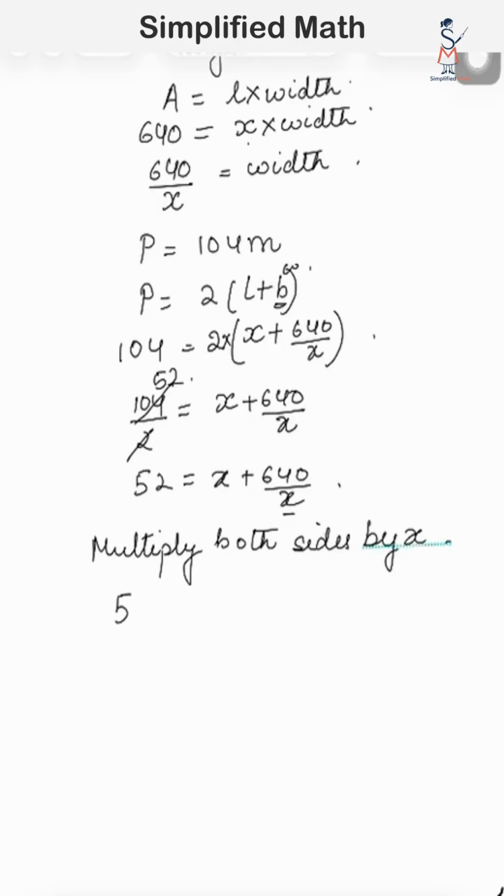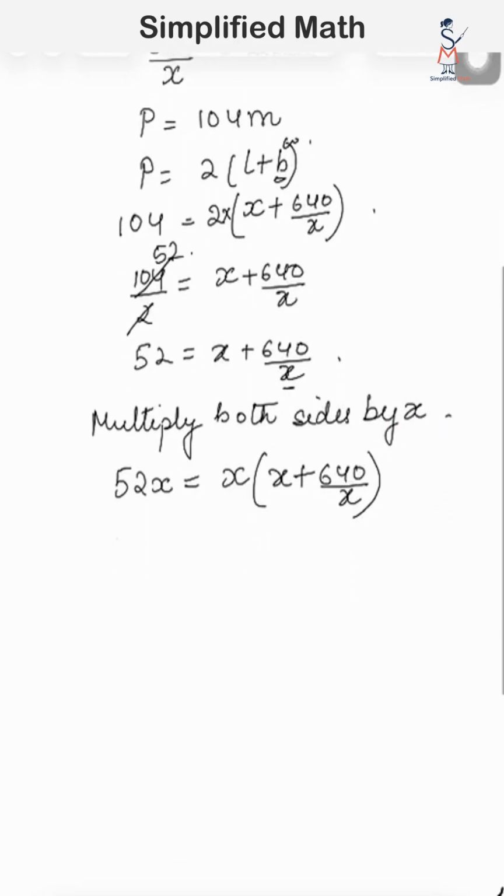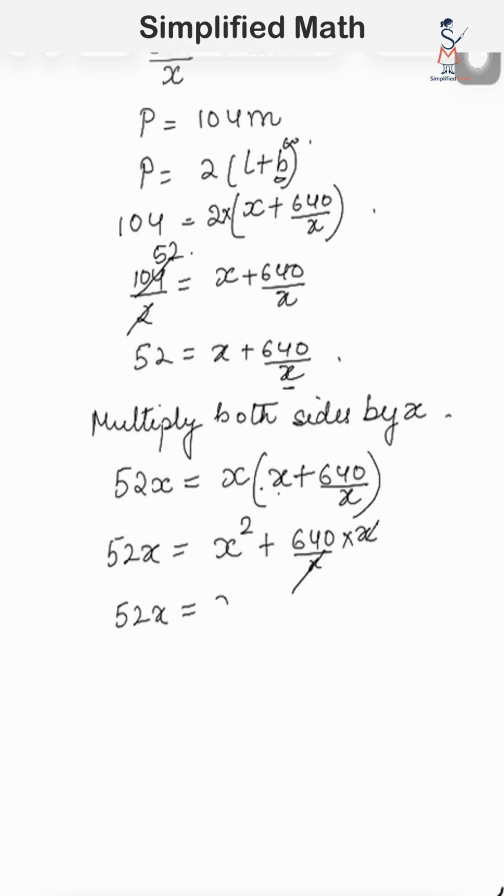So this will become 52 into x, and this side will also be multiplied by x plus 640 upon x. So now we will solve it and see. This is 52x is equal to x into x, x square, plus 640 by x into x. This x and x get cancelled. So now this is 52x is equal to x square plus 640.